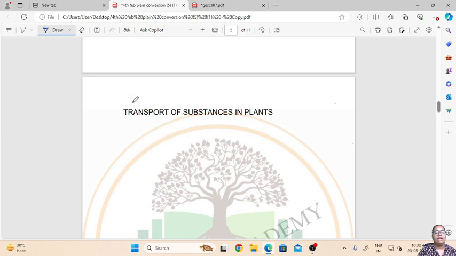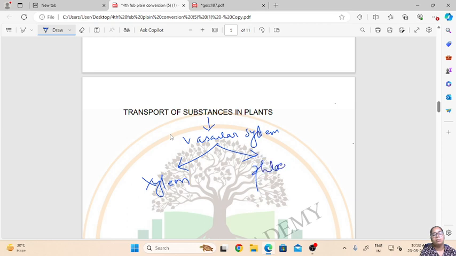Okay, so now let us see how transport of substances happens in plants. So how transportation happens in plants. So plants also have a vascular system. Here there are two types of vessels, that is xylem and phloem.